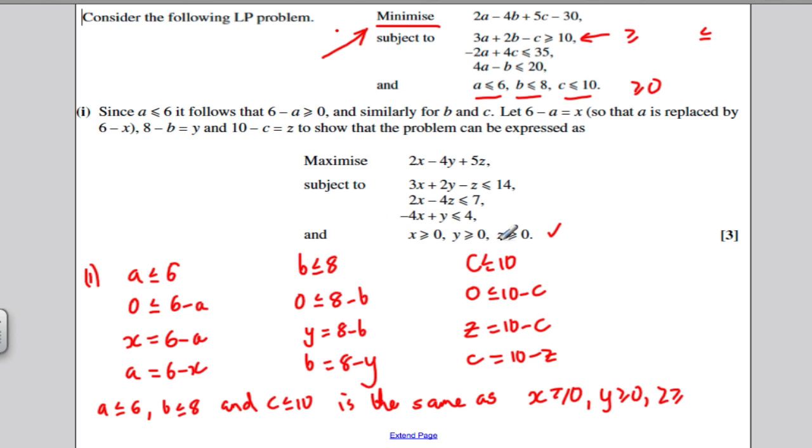So you've done this first part of converting that constraint into that constraint. Now we're going to try and change the objective function by substituting in for a, b and c in terms of x, y and z, and we're going to do the same for the constraints to modify these 4 lines into these 4 lines. I'm going to do that on the next page.